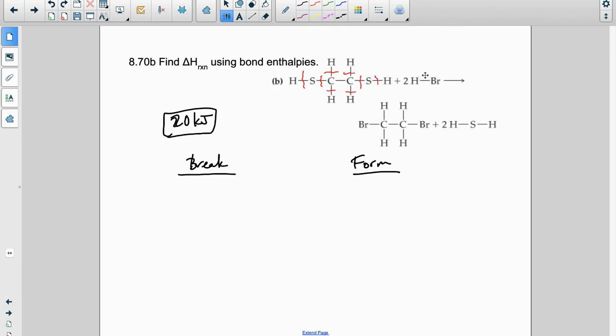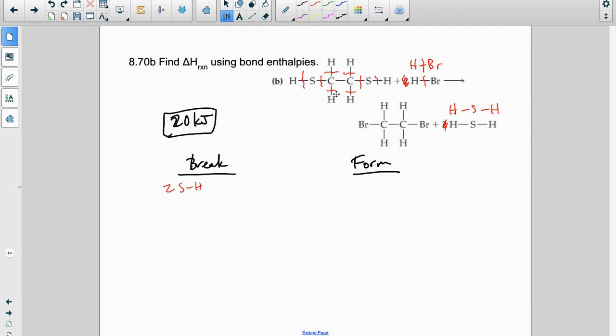I'm showing what's broken, and instead of putting a 2 here, I'm going to actually draw another molecule of HBr. Same here with the H2S, make another H2S. We can see that these are the bonds that need to be broken. So we need to break 2 SH bonds.